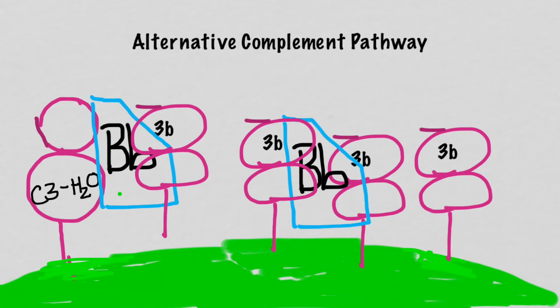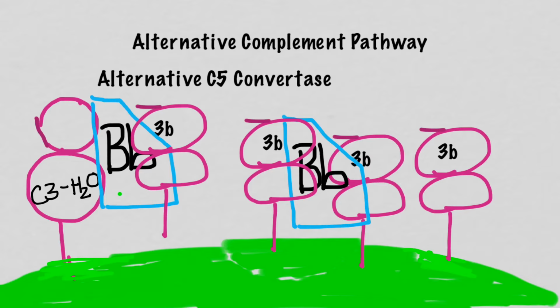If one of these C3b molecules binds near a C3H2O, big B, little b, or a C3b, big B, little b, and adding this extra C3b here, I know this is a little complex, but either of these forms what's known as an alternative C5 convertase. So that would be a C3H2O with a big B, little b, with a C3b, or a C3b with a big B, little b, C3b.